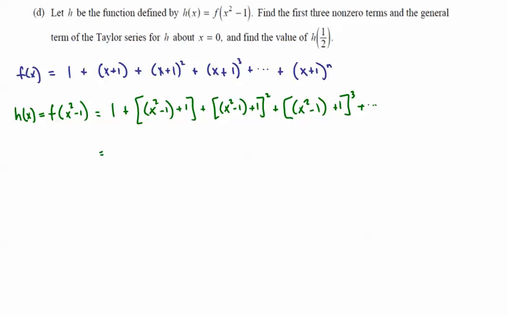Simplifying that is going to give us 1 plus x squared, since x squared minus 1 plus 1 is just x squared.